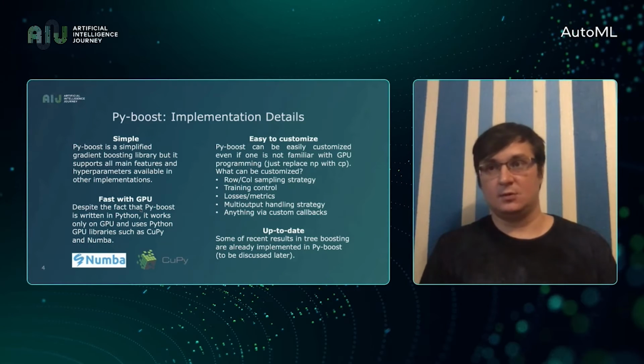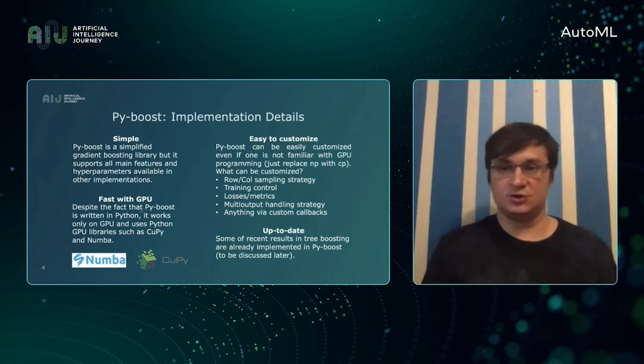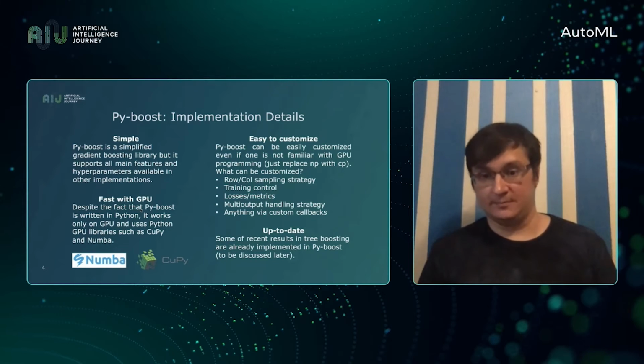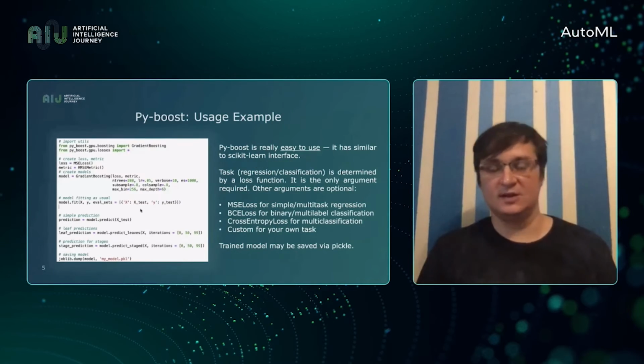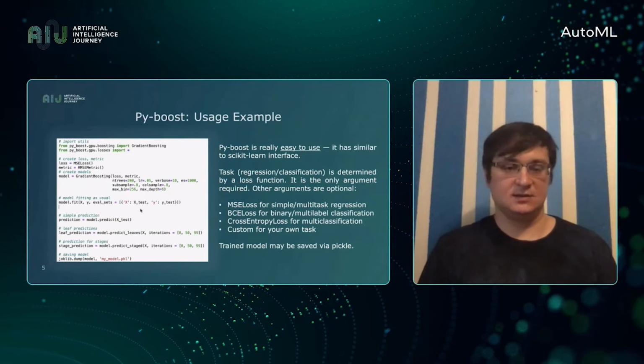Even if you don't have any experience working with GPU, you can replace np with cp. And the last pleasant feature is that some results of our research works are integrated into this library, and they are available. We will talk about some of them.